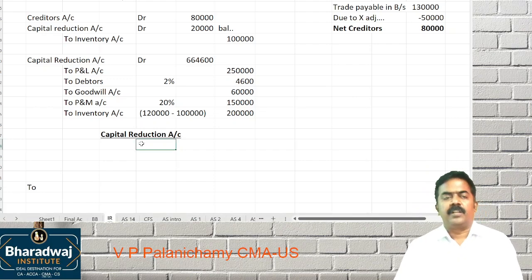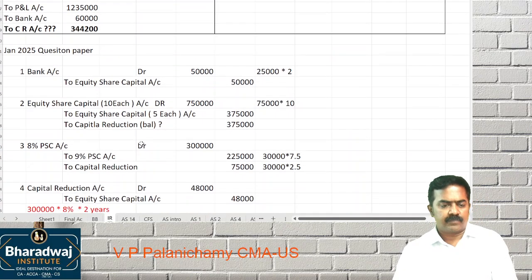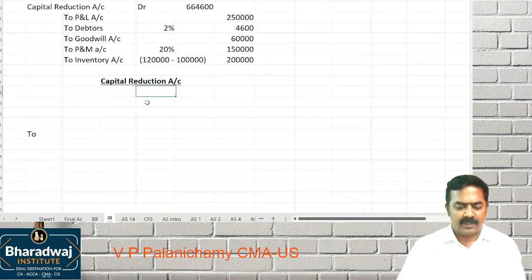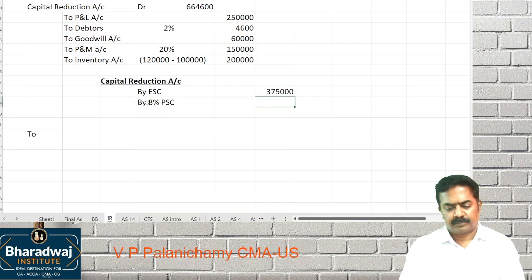Cap reduction account, tell me the entries. There are many entries. By equity share capital how much? 3,75,000. Then 8% preference share capital, 75,000.